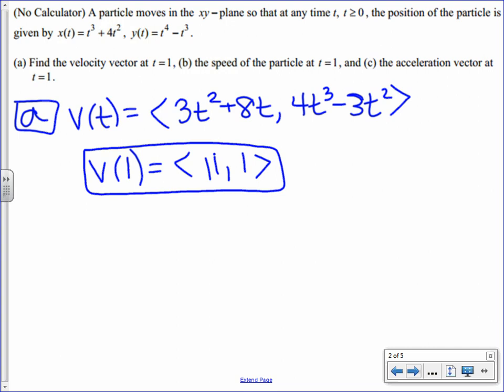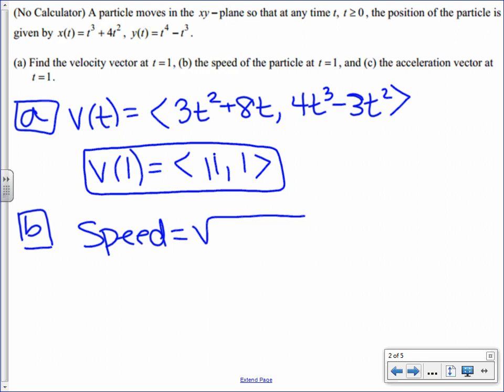Speed is just the magnitude of our velocity vector, which can't be reduced. But we can get somewhere near 11, just a tad bit more than 11.